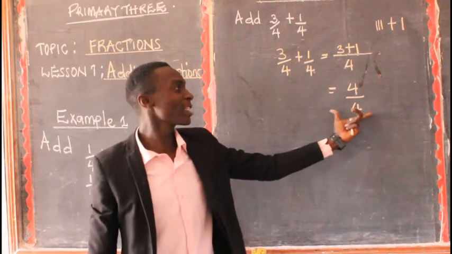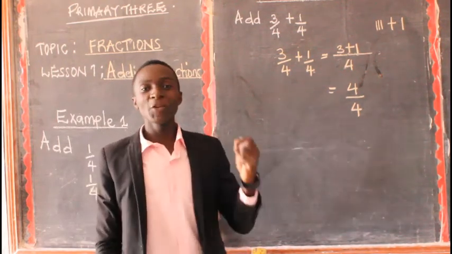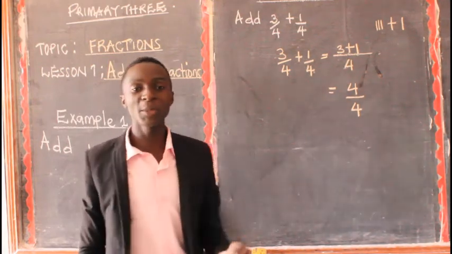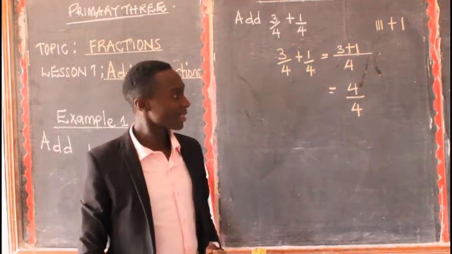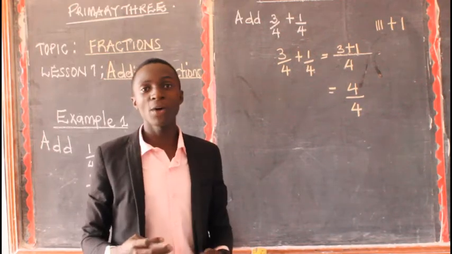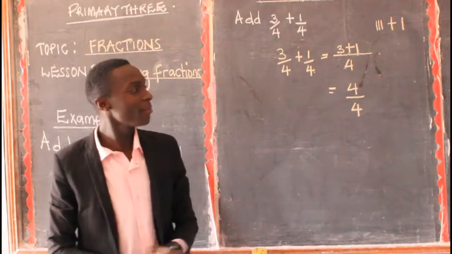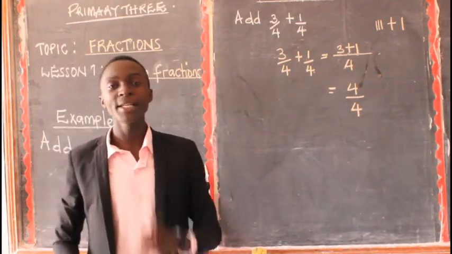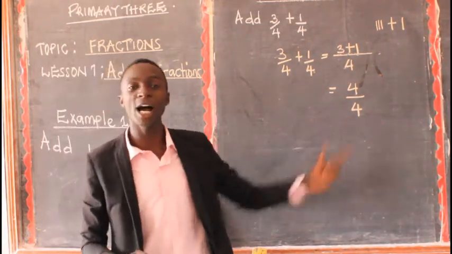But again, in mathematics, we don't leave our answer like this. When you find that the numerator is the same as the denominator, you don't leave your answer like that, because when you have 4 breads, or 4 pieces of chalk, and you share them equally among 4 children, each and every person will get 1. That in mathematics is called a whole.